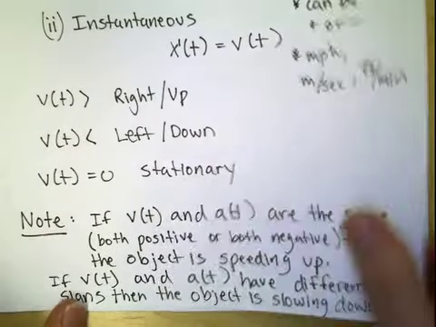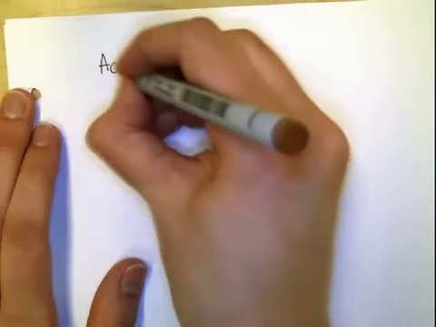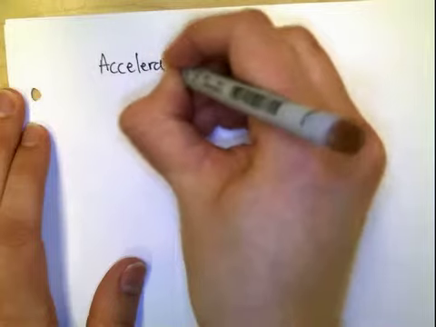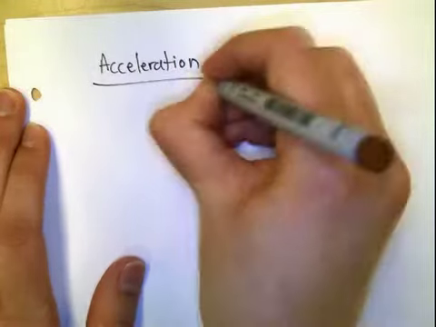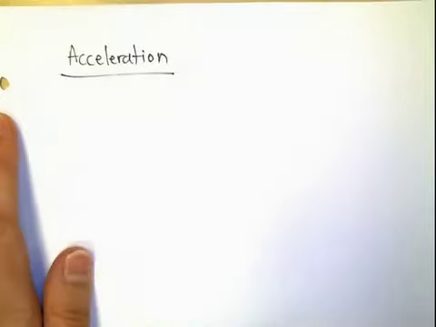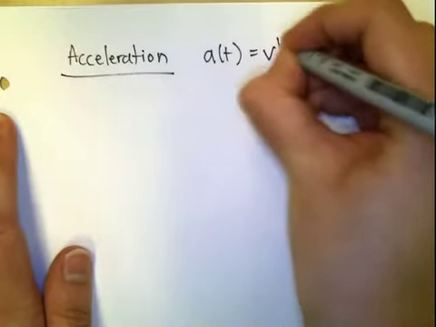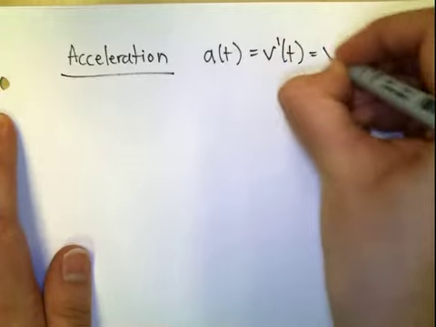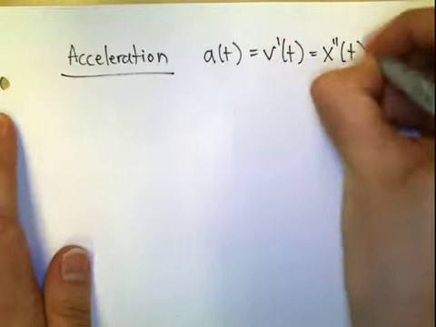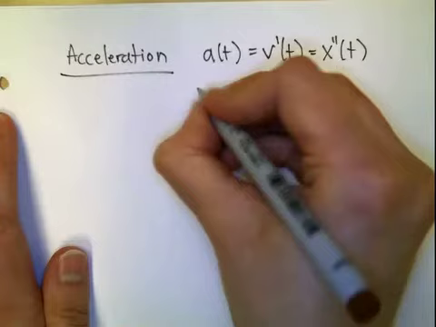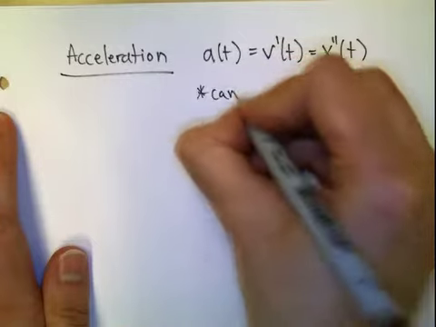And then let's talk about acceleration for a second. Acceleration is our next derivative. Basically, we usually denote it as a of t, but that's really the derivative of velocity, which is really the second derivative of position. You can have positive or negative acceleration.